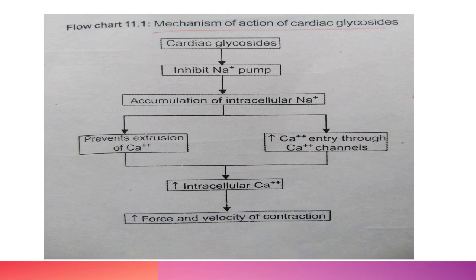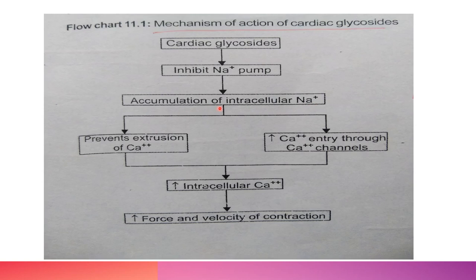So here is a flow chart of the mechanism of action of cardiac glycosides. Whenever a cardiac glycoside is prescribed to an individual, it inhibits the sodium pump. Because of inhibition of the sodium pump, there will be accumulation of intracellular sodium.